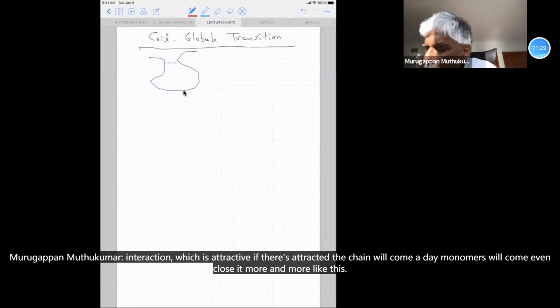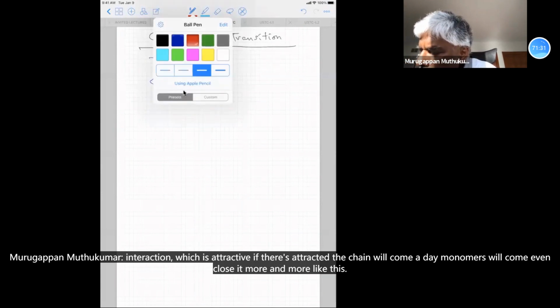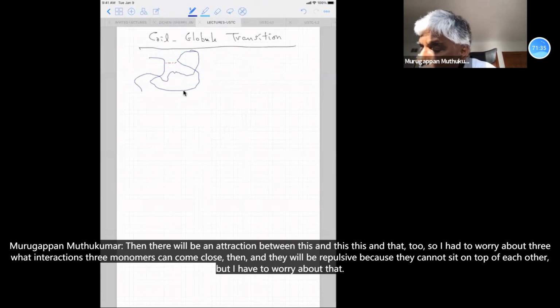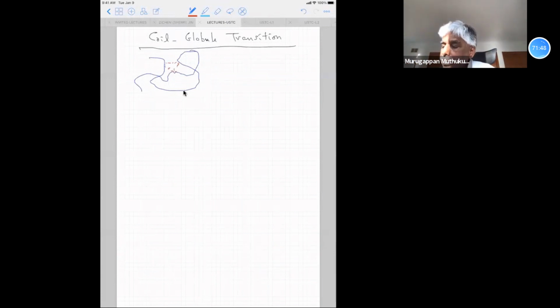If it's attractive, the monomers will come even closer, more and more like this. Then there will be an attraction between this and this and that too. So I have to worry about three-body interactions. Three monomers can come close, and they will be repulsive because they cannot sit on top of each other. But I have to worry about that.